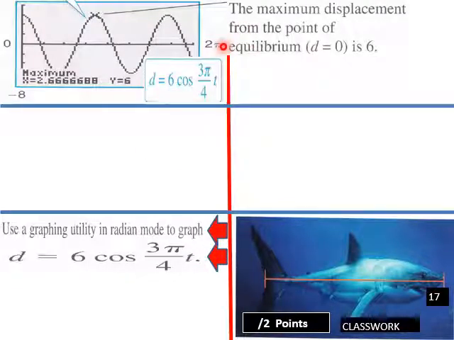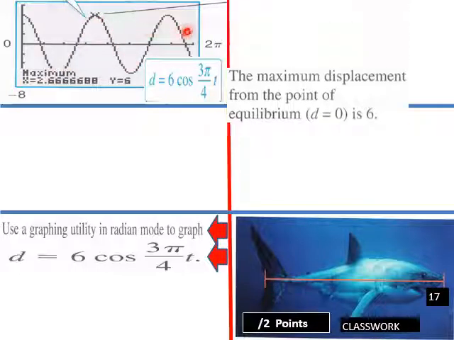The maximum displacement from the point of equilibrium, d, would equal 6. So this would be our amplitude, for d equals 6 cosine 3 pi over 4 t. This would be a graph of that function.